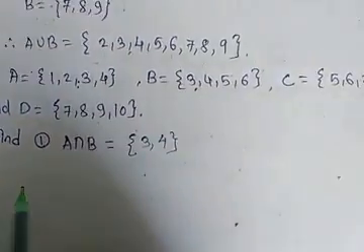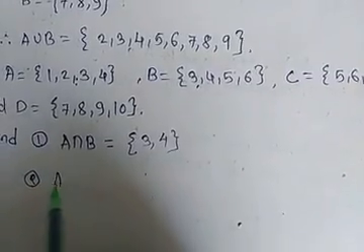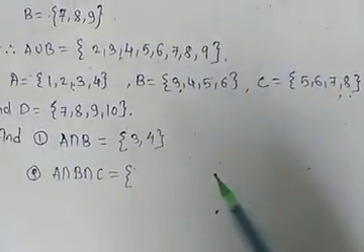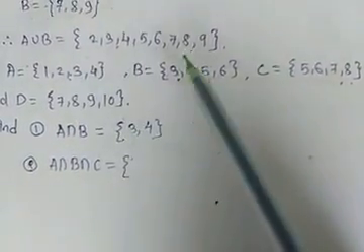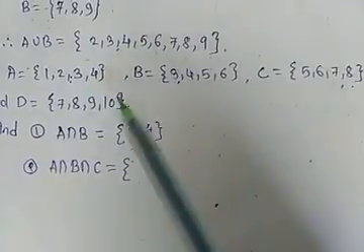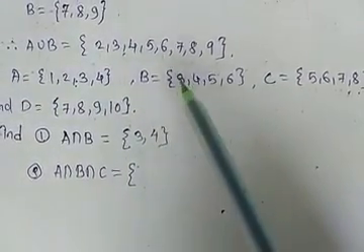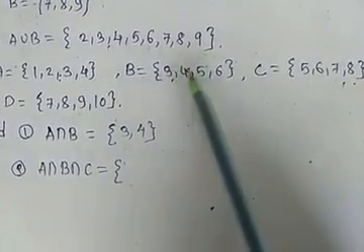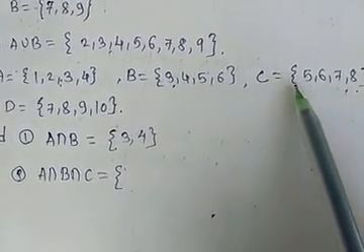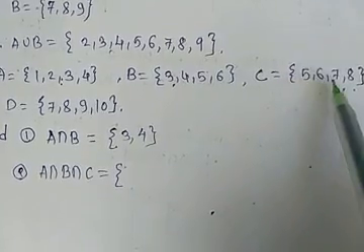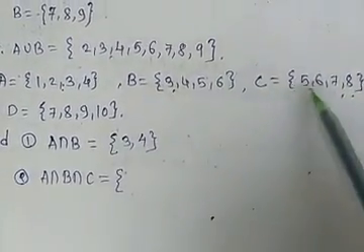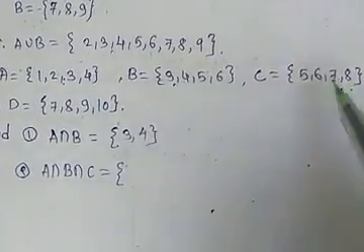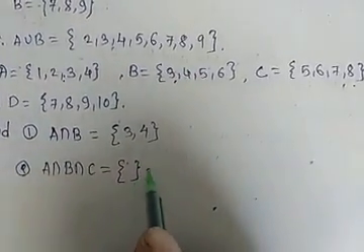Okay, now if we consider the second example, A intersection B intersection C, that is we have to write the common elements from A, B and C. In A intersection B there is 3, 4, which are the common elements from sets A and B. In set C the elements are 5 6 7 and 8, but no element is present in A intersection B, so it will be the null set, that is the empty set.